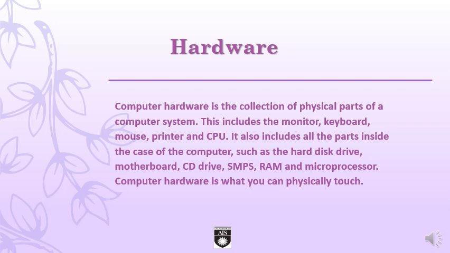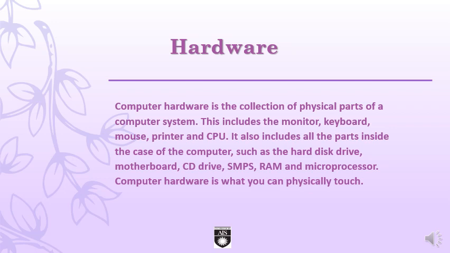So let us revise these points once more. The term hardware refers to the mechanical devices that make up our computer. Computer hardware consists of interconnected electronic devices that we can use to control the computer's operation, input and output.